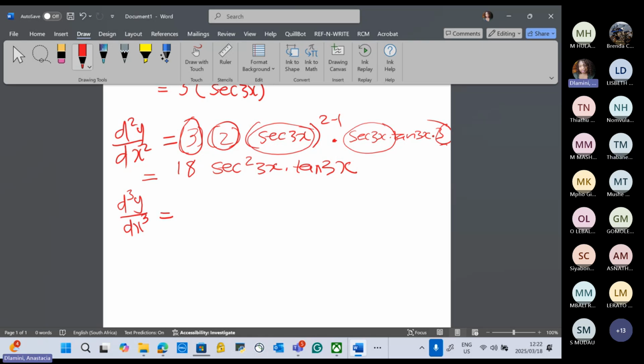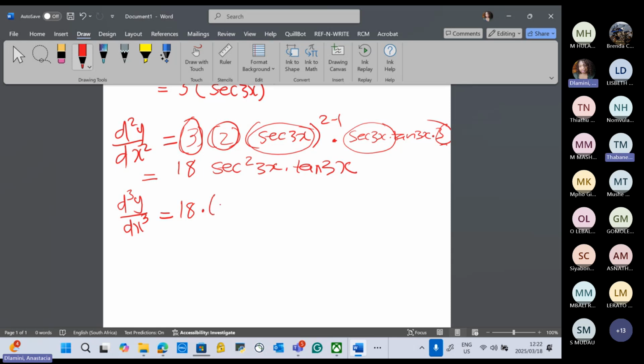You said we're using the product rule. Let's start there. So it's gonna be 18. Yes. And multiplied by, we're gonna differentiate that sec squared 3x.